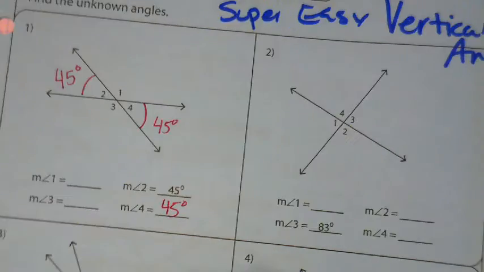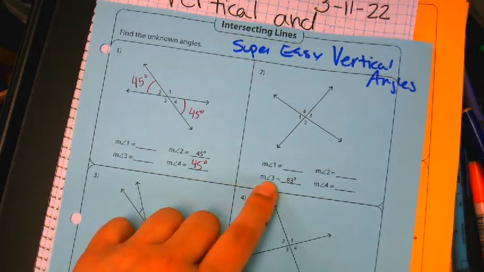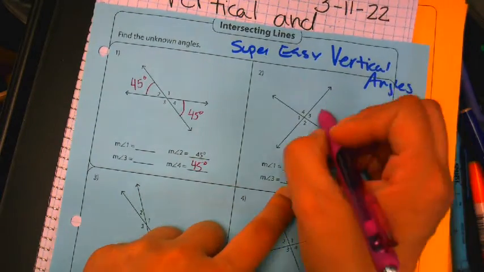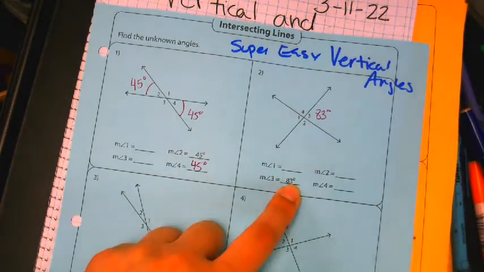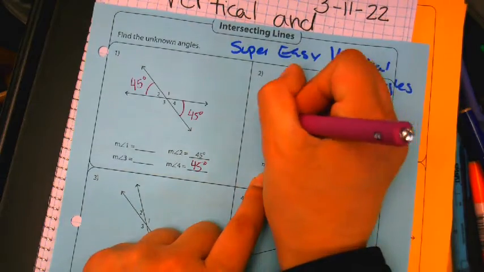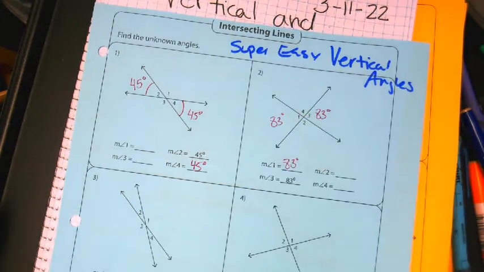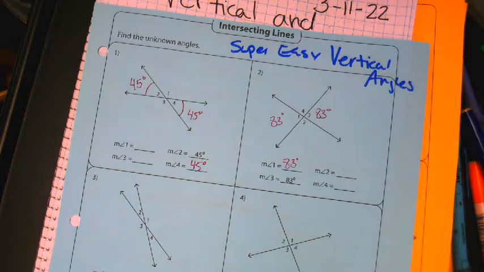Okay, let's look at number 2 before we do the second part. What angle measurement do they give you? Number 2. The measure of angle 3 is 83. So this is 83. So what do you know right away? Without doing any math, right? Okay, what about number 3?